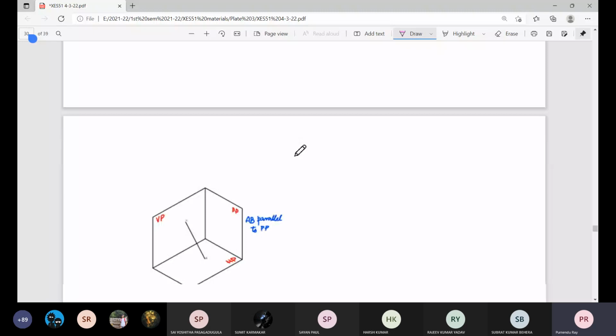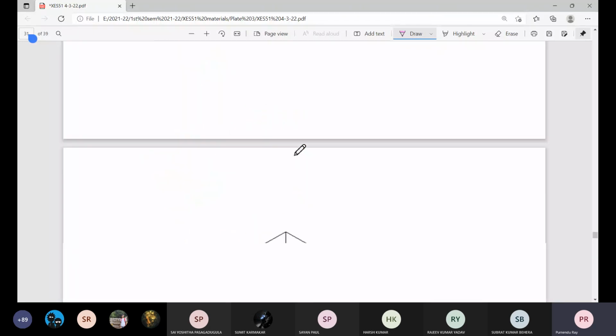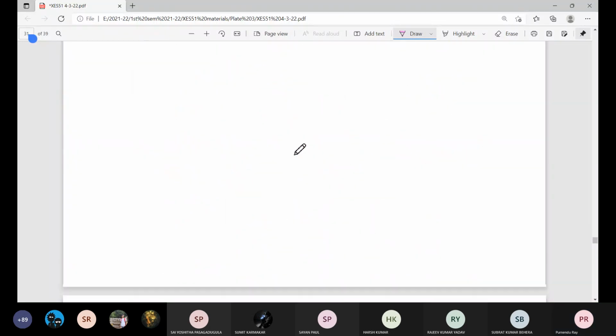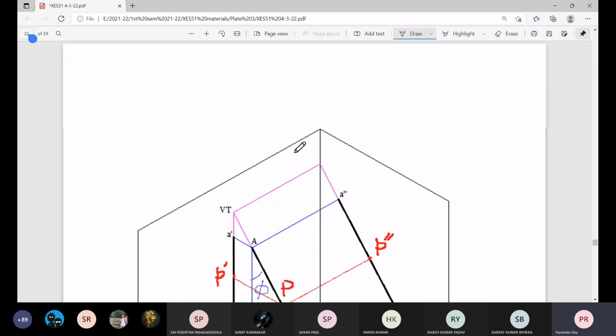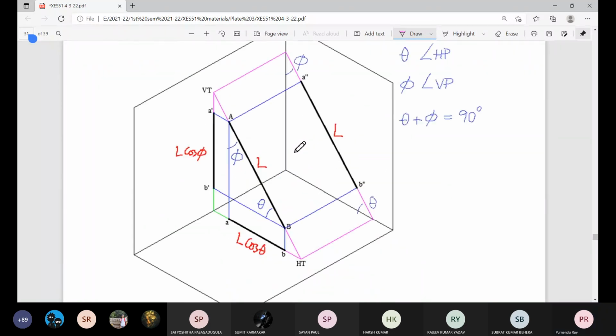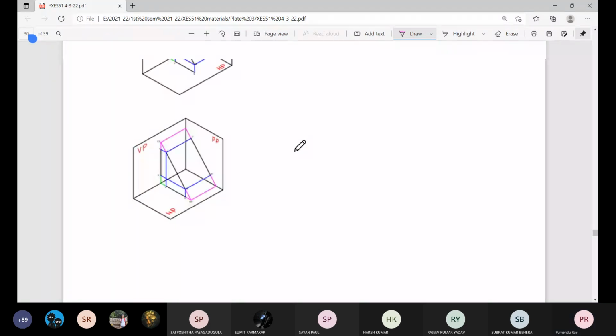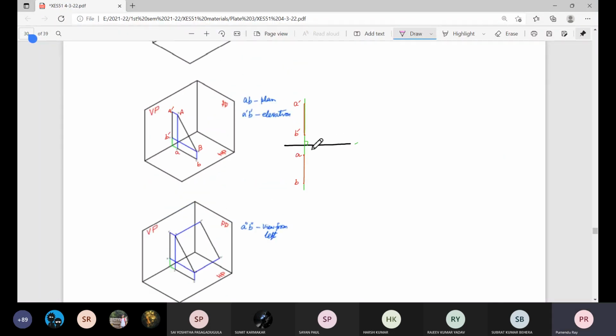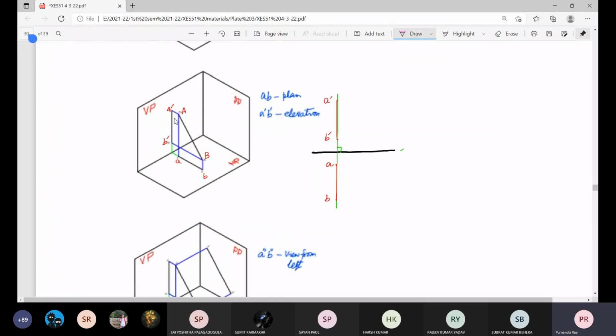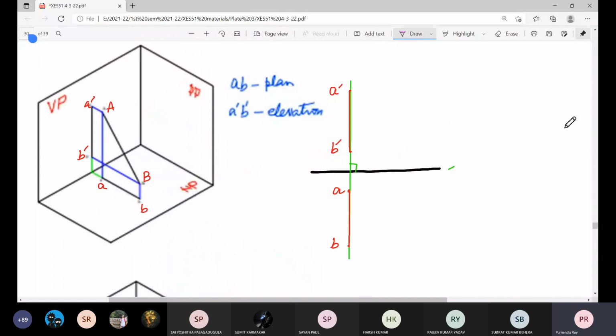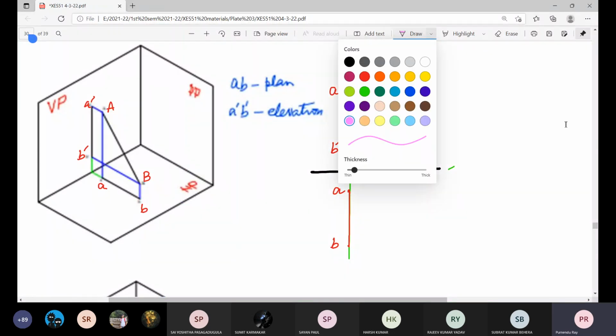Similarly, here also we can do that same thing. So through A, we draw a horizontal line.